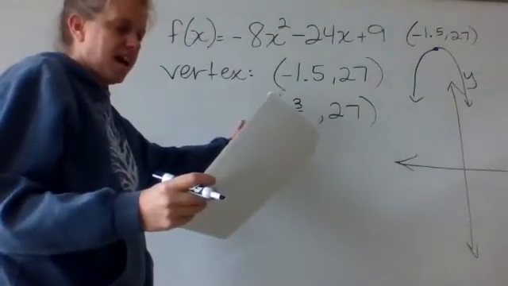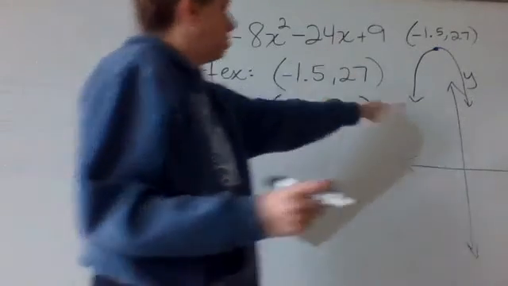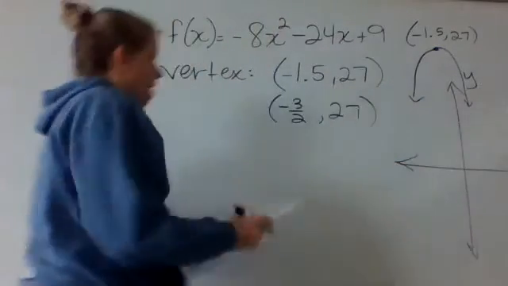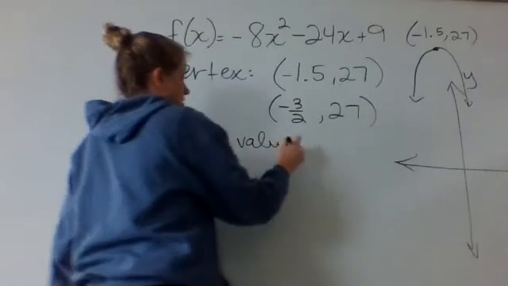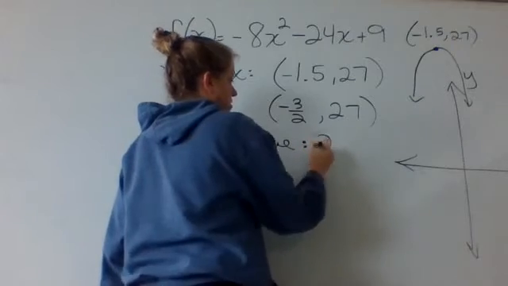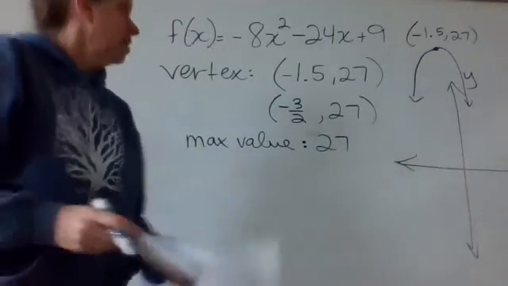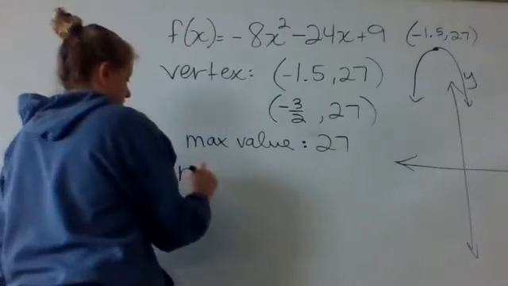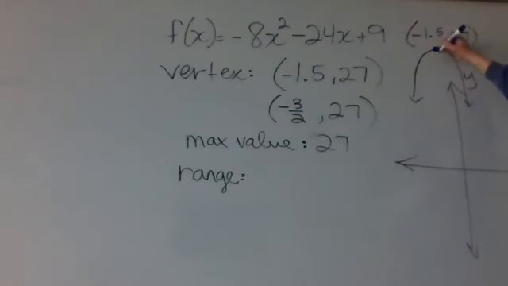Then it's going to say the parabola opens upward or downward. Well, it opens downward and has a maximum value of 27. Now it's going to want to know the range. So this time the range is different because, when you're talking about the range, you're talking about your y value.